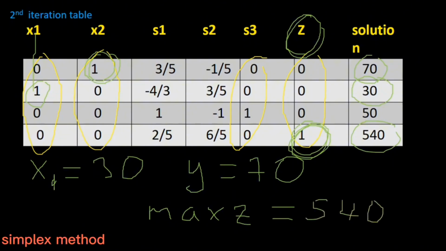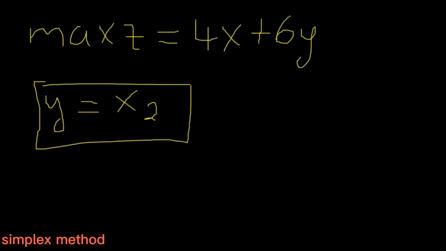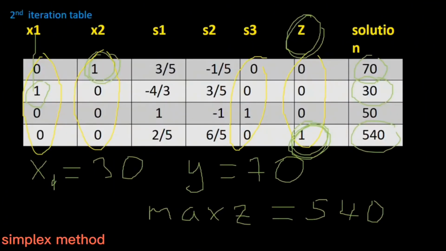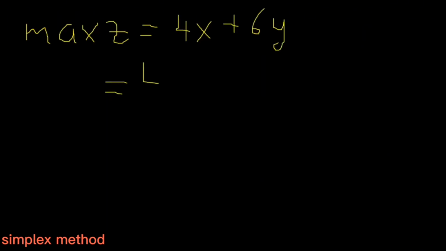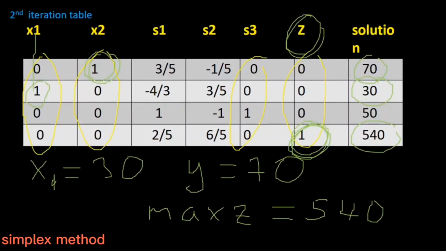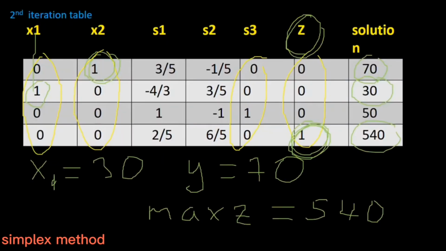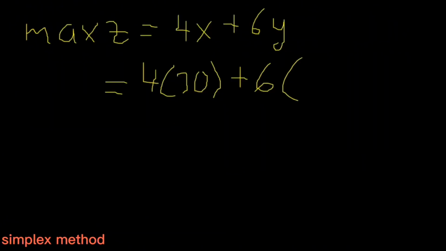Substituting this in our equation, max z equals 4x plus 6y, to show that we had the real value: 4 into 30 plus 6 times 70.